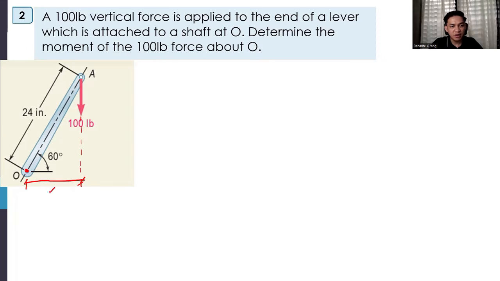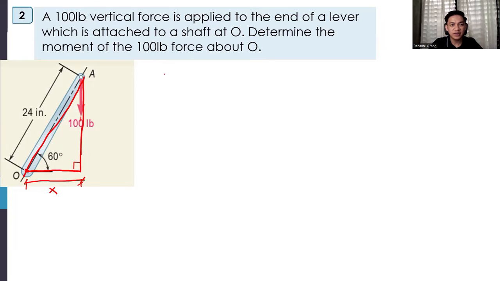So, lagyan natin, we have our distance x. This distance x can be obtained if we will use this triangle. So, analyze natin, class. Itong distance x is the adjacent side of this angle 60 and itong 24 is our hypotenuse kasi siya yung opposite ng ating angle 90 degrees.